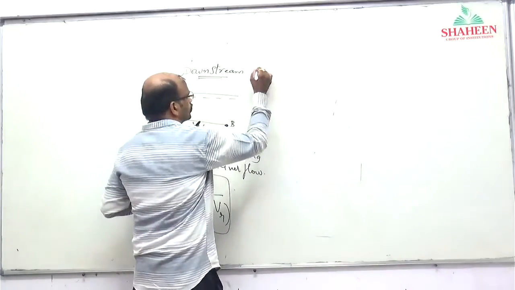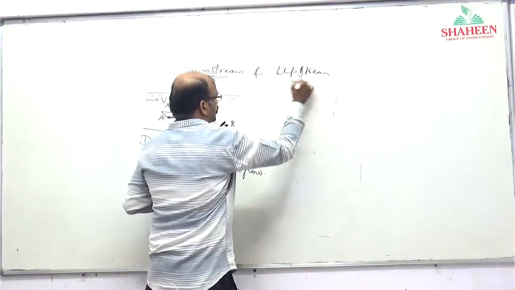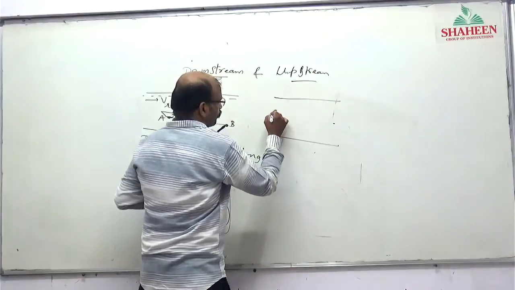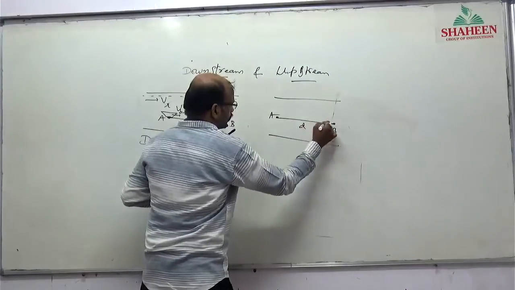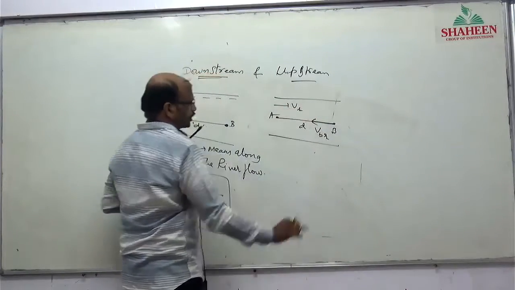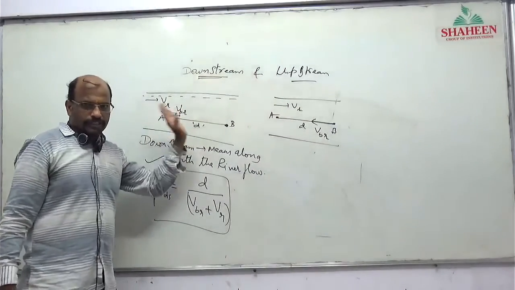Next, upstream. Upstream means boat wants to move from B to A, distance D, with VR in this direction now. This is upstream concept. This is downstream concept. Side by side I'm drawing here.